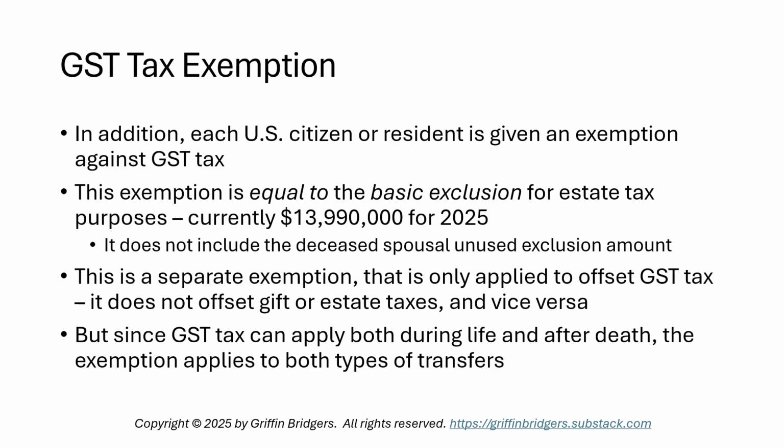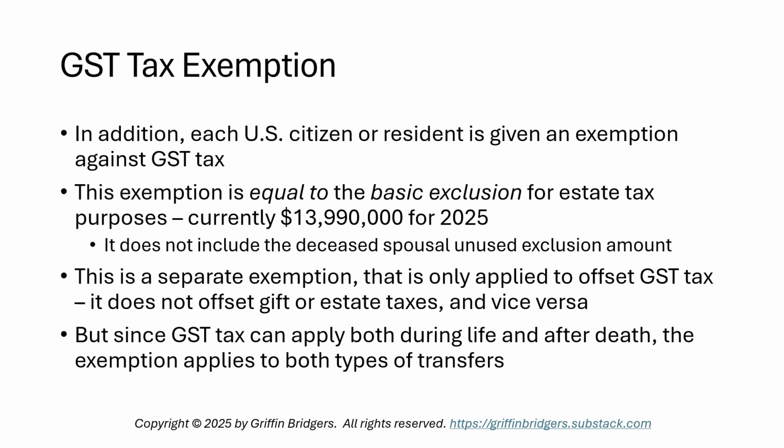But circling back, this is equal to the basic exclusion amount adjusted for inflation, currently $13.99 million for 2025, but it doesn't include the deceased spousal unused exclusion amount, because that election to preserve unused exclusion only applies to the gift and estate tax basic exclusion and doesn't apply to the GST tax exemption.